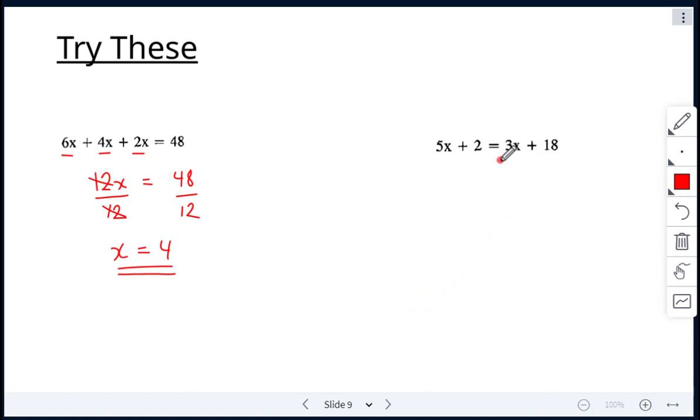So we're going to subtract 3x from both sides. That's our first step, to bring all the x's over to the left-hand side. So 5x minus 3x leaves me with 2x plus 2 is equal to 18.